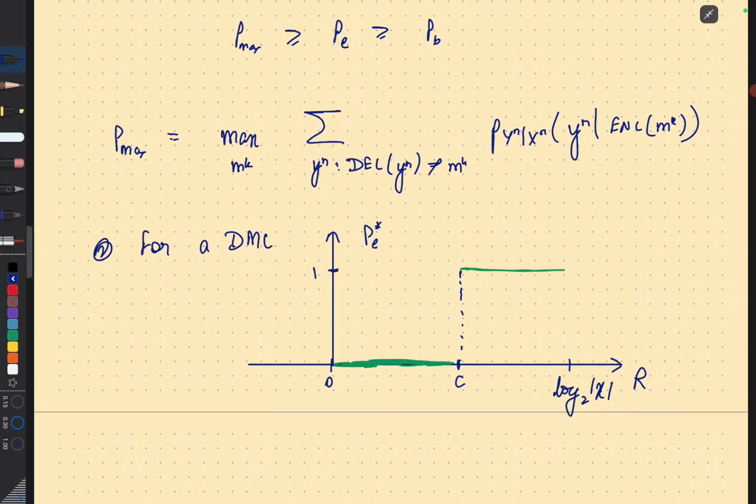So people sometimes say that discrete memoryless channels satisfy what is called a strong converse. If you try to operate at a rate above capacity, then it's not just that the probability of error is non-vanishing, the probability of error goes to 1 as n tends to infinity.